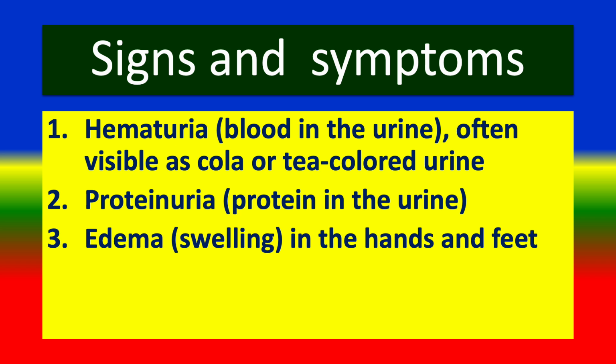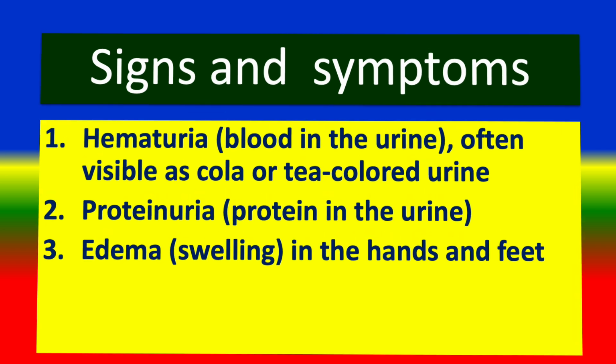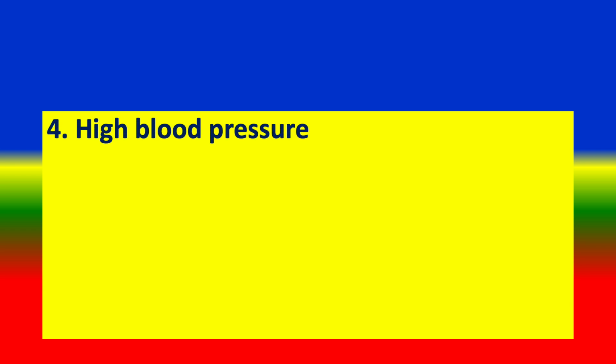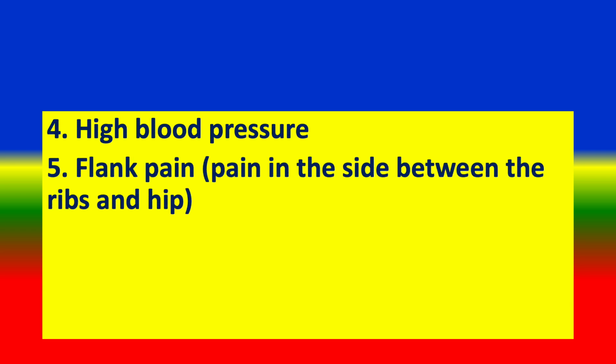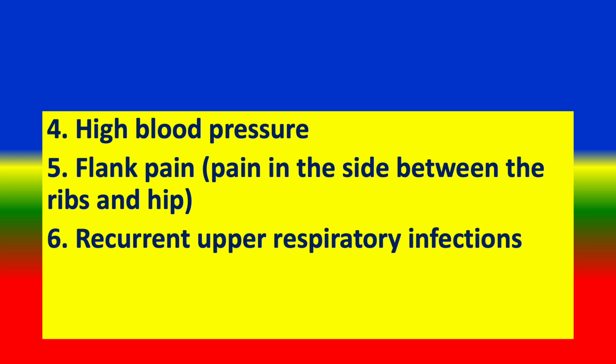Edema, swelling in the hands and feet. 4. High blood pressure. 5. Flank pain, pain in the side between the ribs and hip. 6. Recurrent upper respiratory infections.